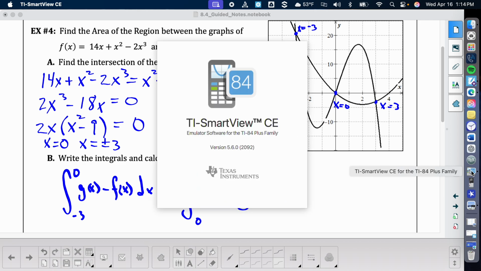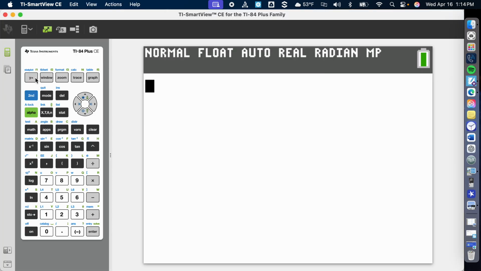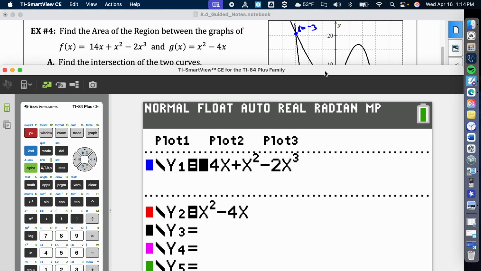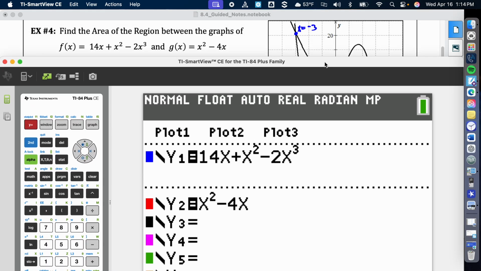I don't think we even had a chance to put anything in the calculator, if I remember right. Actually, I sort of remember putting in y. Wait, are these the correct ones? Perfect.